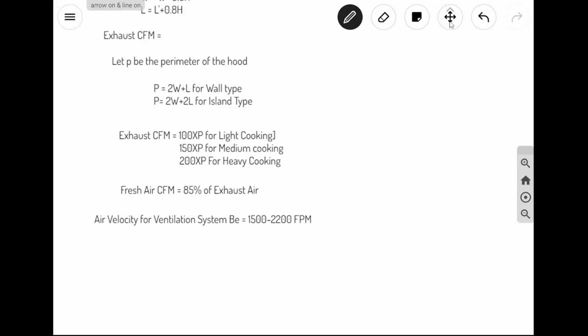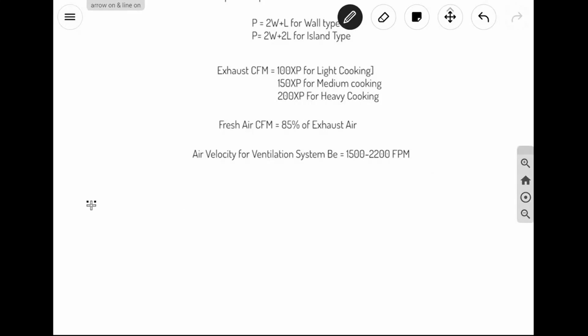Some points to be noted here. Duct should be terminated at 40 degrees above the roof.